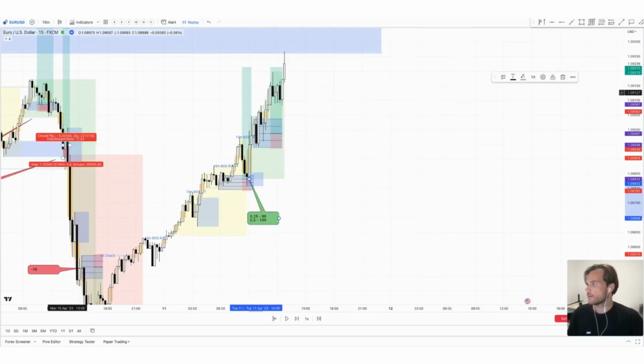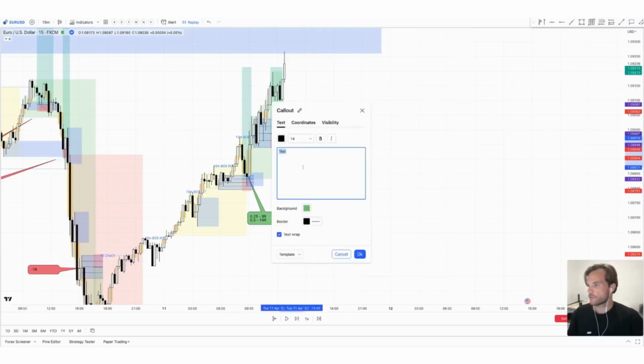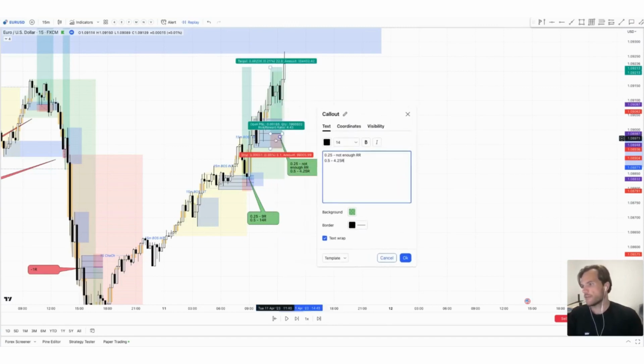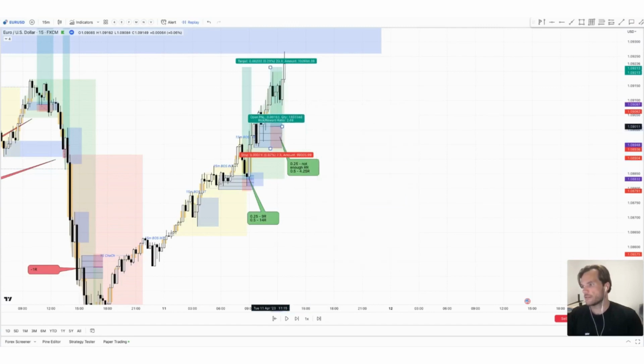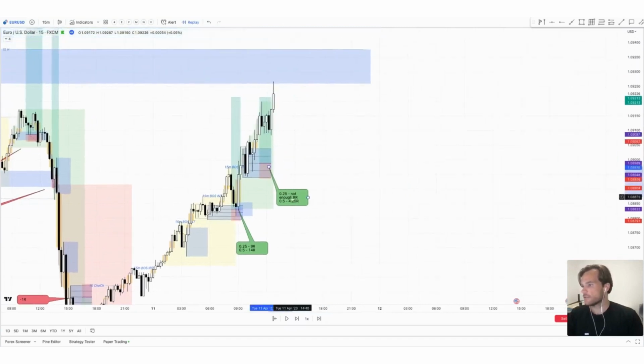What's this? We would have had that just on the 50%. I think it was at 4.25. I want to have them at least 3R to target, so that's why I would have gone on the 50% line there. Okay, 2 nice wins.